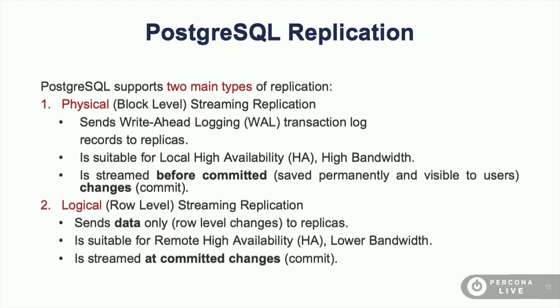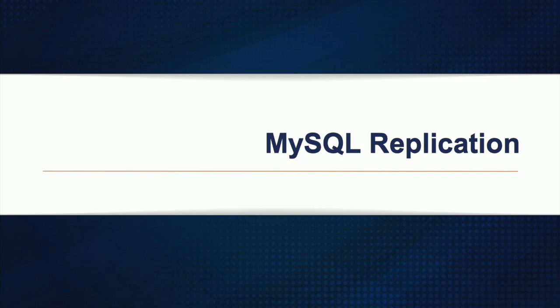And the other type of database replication supported by Postgres, which is also the more recent, is logical row-level streaming replication. Postgres sends data only through row-level changes to the replicas, and is suitable for remote high availability because it has lower bandwidth, and it's streamed after the changes are committed. Committed here means the changes are saved persistently, permanently on disk.